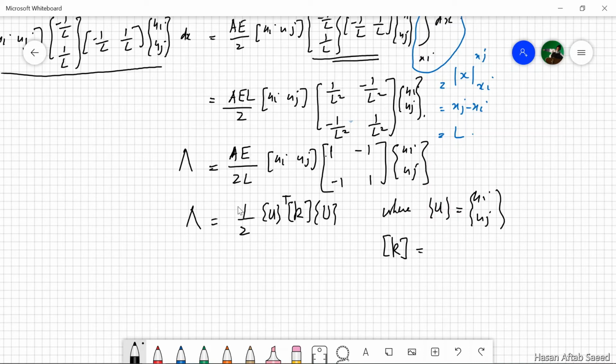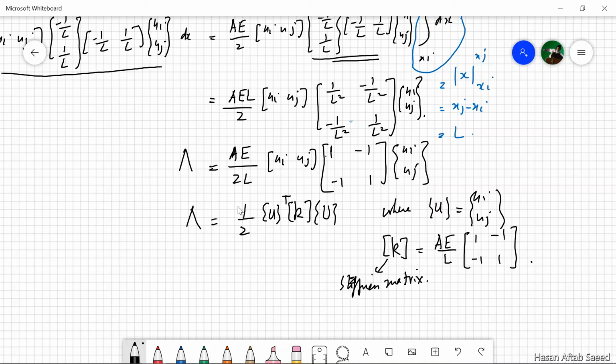This is AE over L, 1 minus 1 minus 1 1. It's called the stiffness matrix, and this again will be our friend till the end of this course.